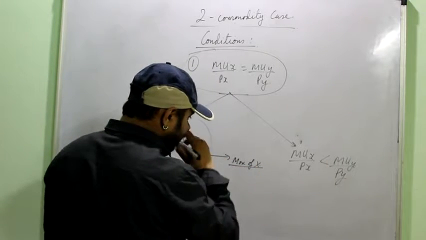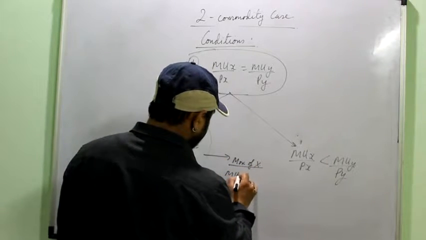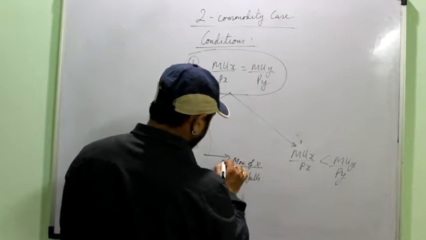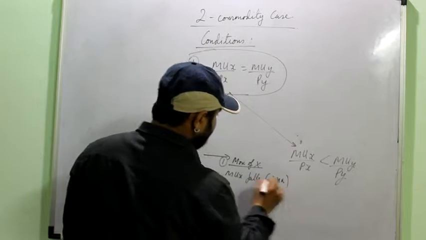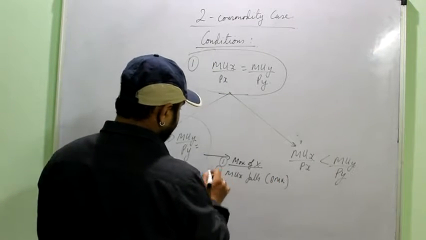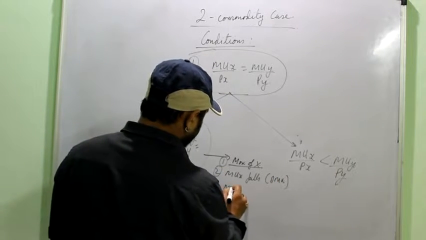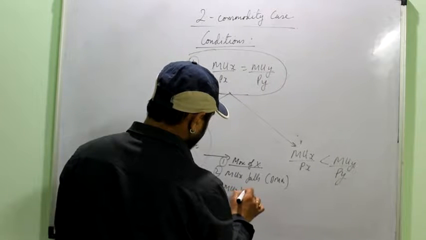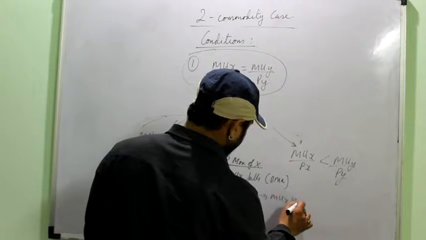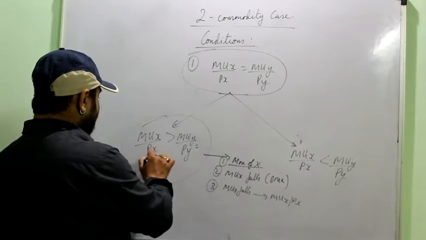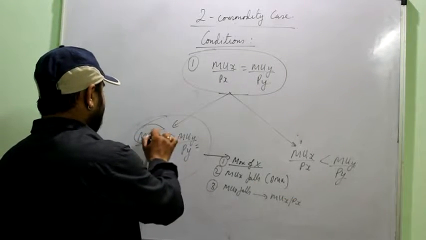And when I increase the consumption of x, then mu(x) falls. This I have already studied in the law of DMU. Then if mu(x) falls, it leads to a fall in mu(x) upon px. As you can see, because px will remain constant, the value of mu(x) will decline.